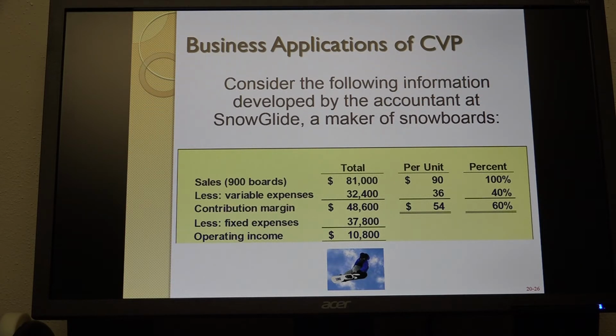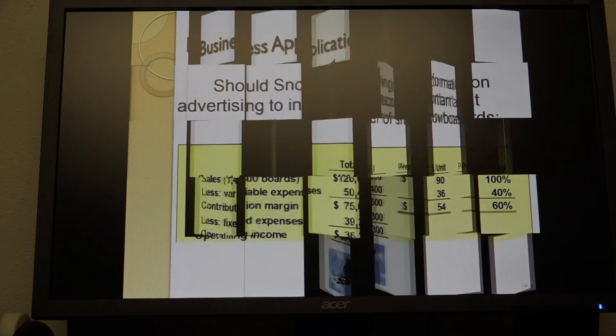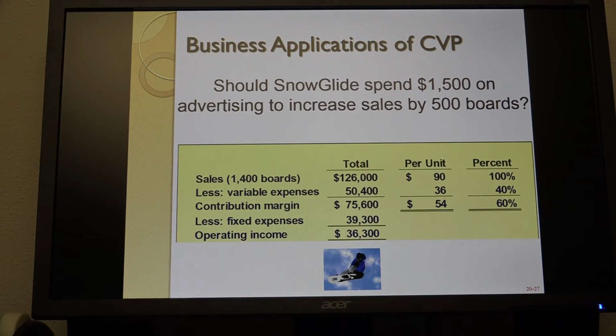And then you've got your fixed expenses there in the total column that you're reducing contribution margin by to come up with operating income. So this is a fairly common statement that you'll see managerial accountants use and that managers use in order to make decisions.